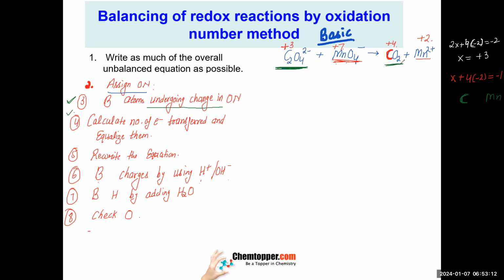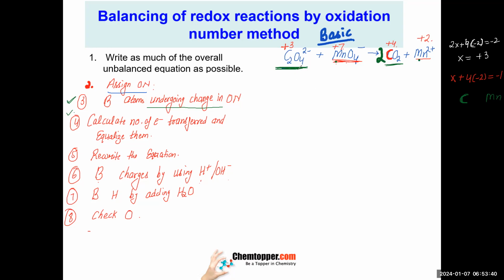How many on this side? So what should I do? I'll put 2 here, 2 CO2. I'm balancing the atoms undergoing change in oxidation number. Manganese is okay. This is very important. You have to follow it exactly in the same way. Do not try to break it.